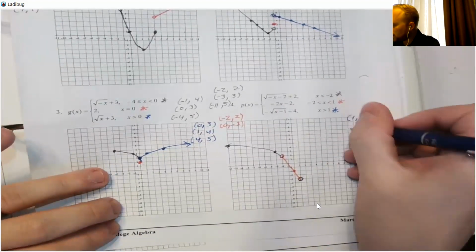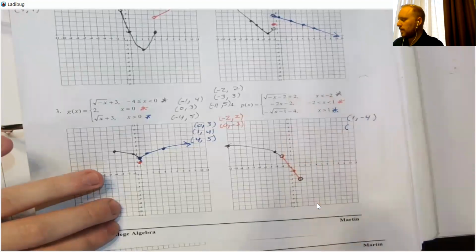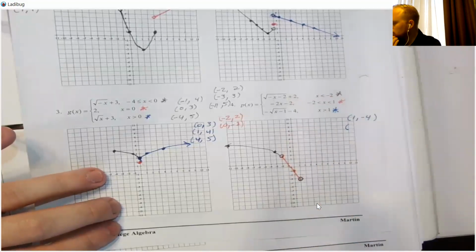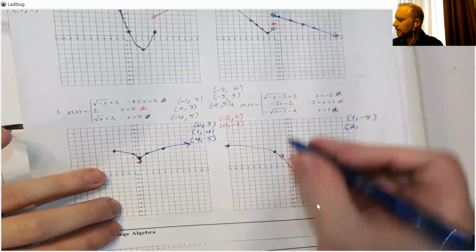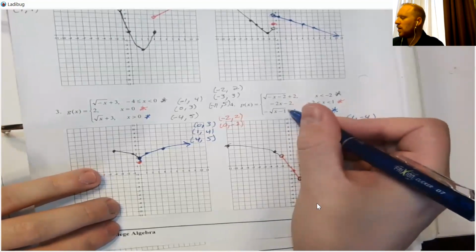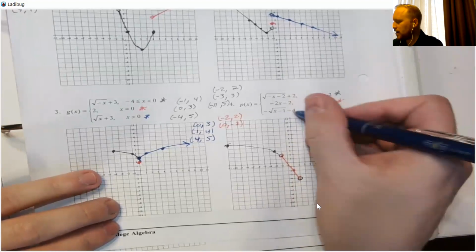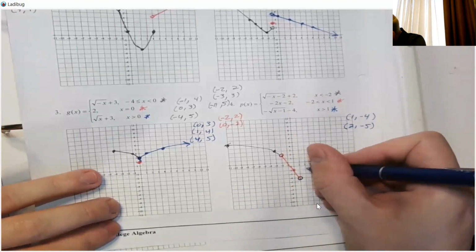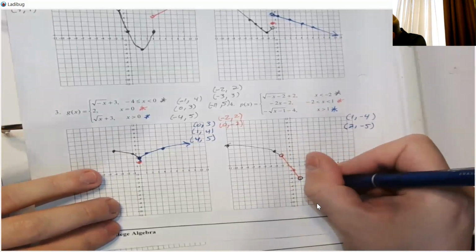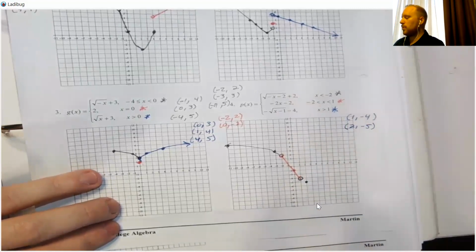Then we're going to do another value that's going to give us a perfect square in there. So I could do 2. If I plug 2 in there, 2 minus 1 is 1. Well, the square root of 1 is 1. Negative 1 minus 4 is negative 5. So I have 2, negative 5. And then I just need one more perfect square.